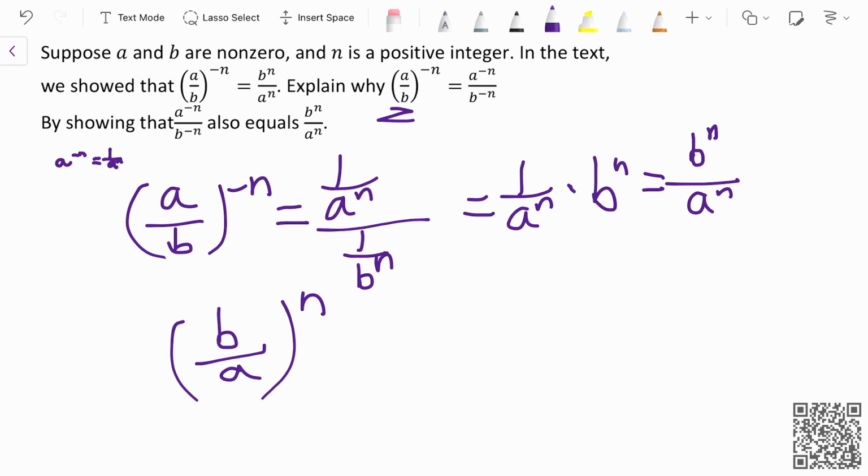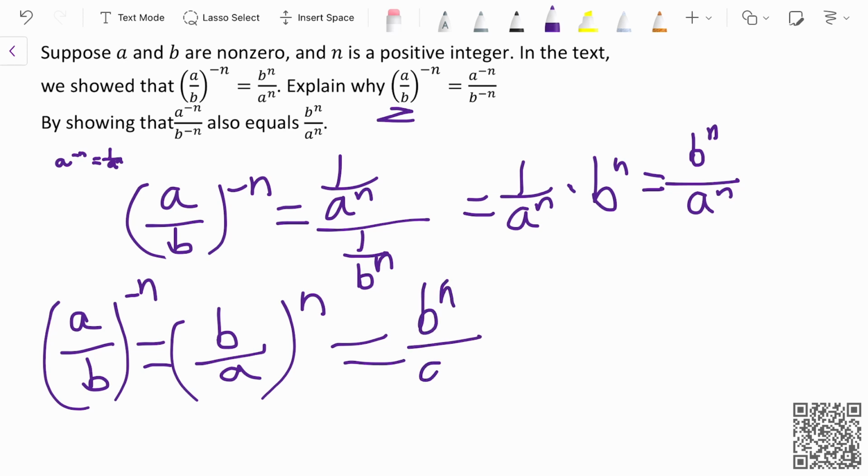So I'm going to add a little excerpt over here: negative n, this is equivalent to that. If we have come this far, what do we do next? We apply the power to the two halves, the numerator and the denominator. So b to the power of n over a to the power of n.